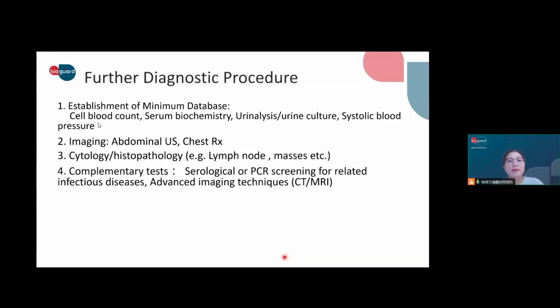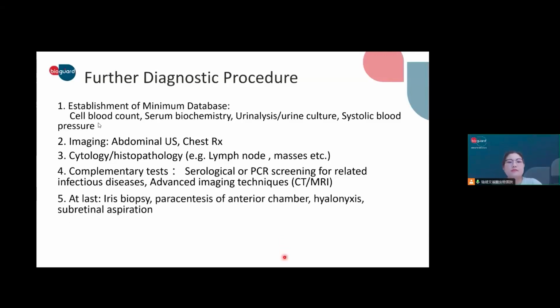Complementary tests are often done to detect the underlying pathogens or other reasons, like serological or PCR screening for related infectious diseases, or advanced imaging techniques like CT, MRI.